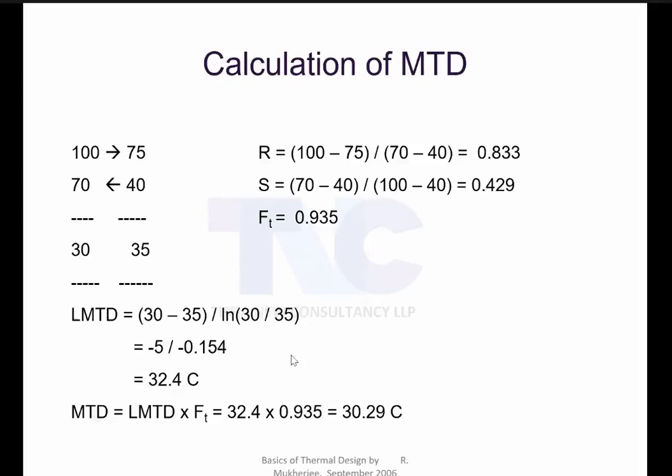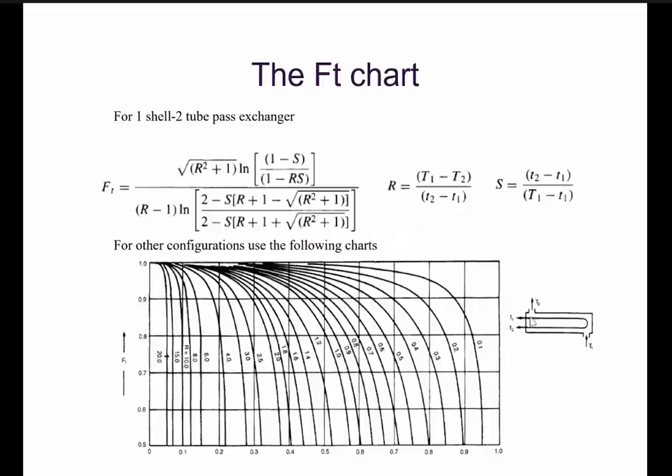This graph is only for one shell and two pass. You have several graphs: 2 shell 4 pass, 3 shell 6 pass. So you have different configurations, and you have to look at all these graphs.